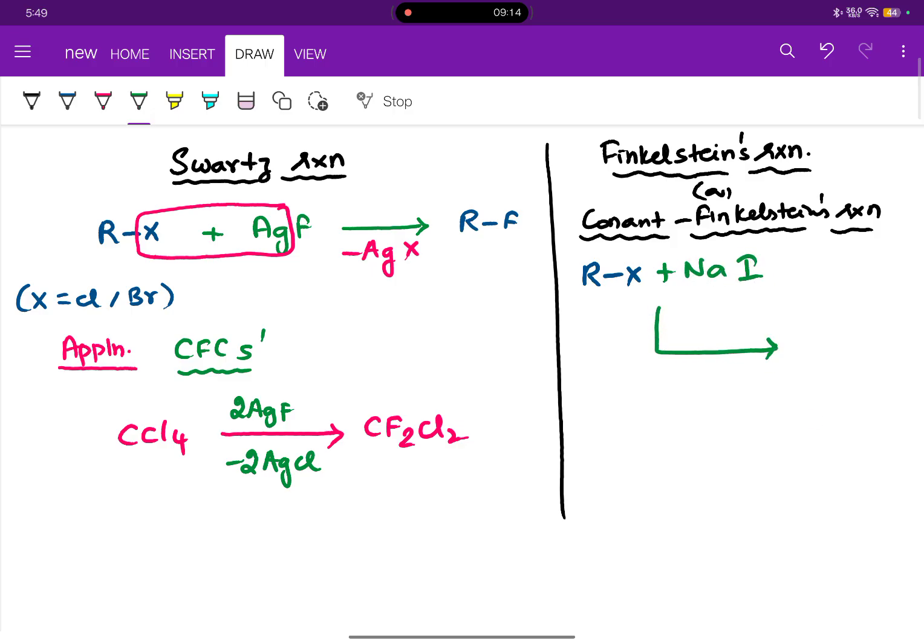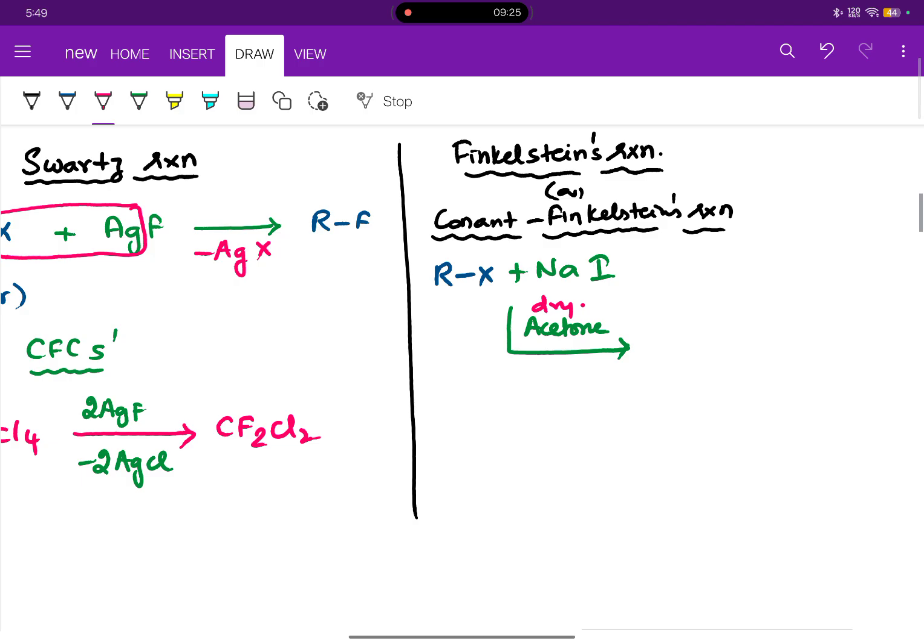For this reaction to happen, you have to do the entire reaction in the acetone medium and make sure the acetone is dry. I'll explain why it should be dry. When you take the RX, the NaX will be removed and you have RI.